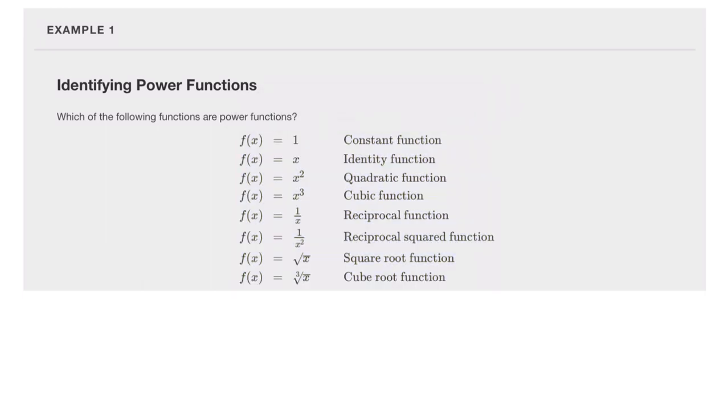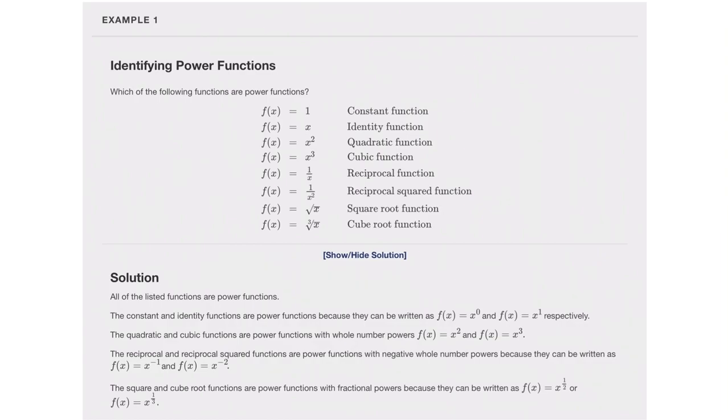Okay, let's see how we did. All of the functions in the list are power functions. I did it, yeah. Because they can all be expressed as some real number times a variable raised to a real power. Constant function can be whatever that number is times x to the power of 0. Identity function is x to the power of 1.